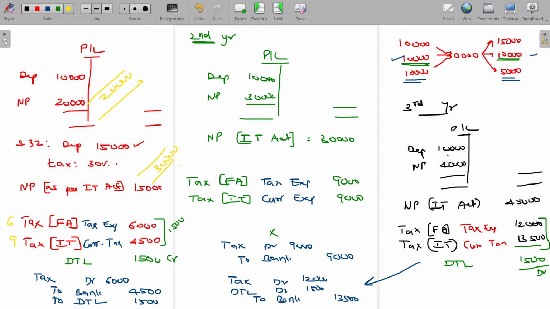And bonus payable, interest payable, and any amount contributed for recognized provident fund should all be paid within the due date. If it is not so, then it is disallowed. In some payments, you need to deduct the TDS. If you have failed to deduct the TDS, you are not eligible for claiming the deductions in this year. But next year, if you pay the TDS, you can claim.